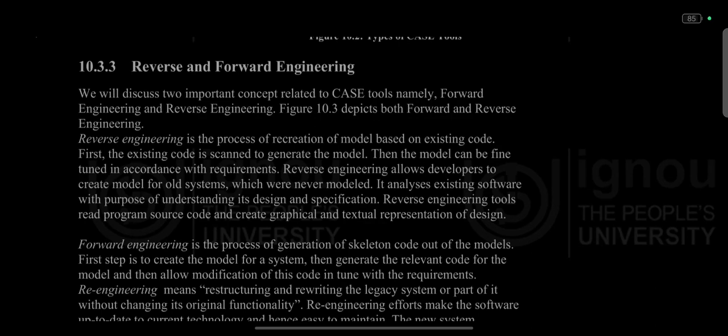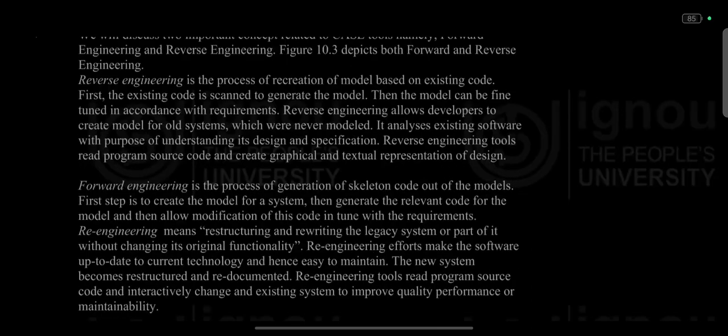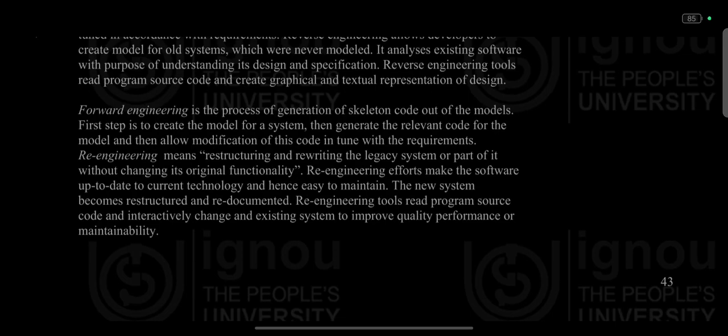Re-engineering means restructuring and rewriting the legacy system or part of it without changing its original functionality. Re-engineering efforts make the software up to date to current technology and hence easy to maintain.